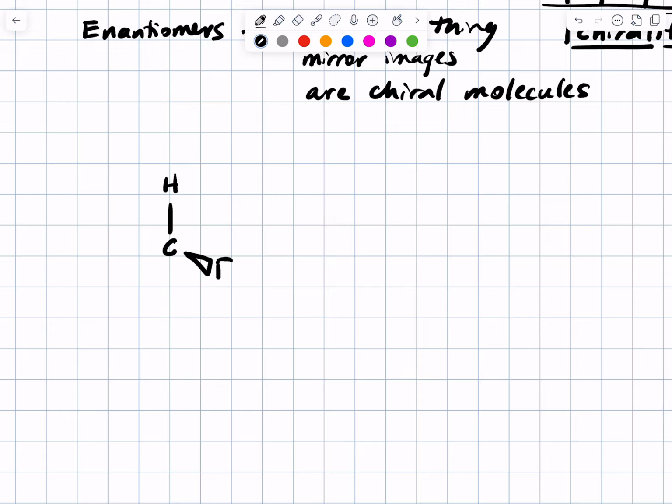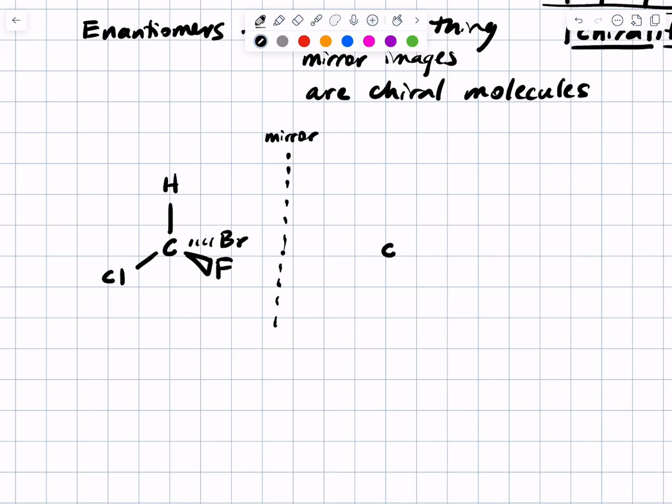It's going to be a simple molecule where the carbon in the middle is attached to 4 different things. I'm not sure this is a real molecule. I don't know how stable it is. We're going to use a dotted black line to be a mirror. And then we're going to go through the looking glass to the other side of the mirror. And whatever we draw on the right must be a reflection of what's on the left.